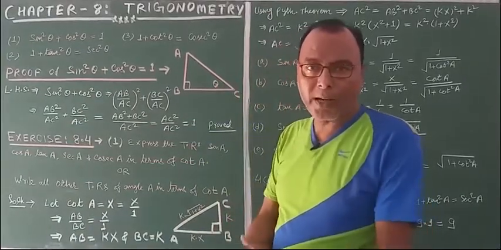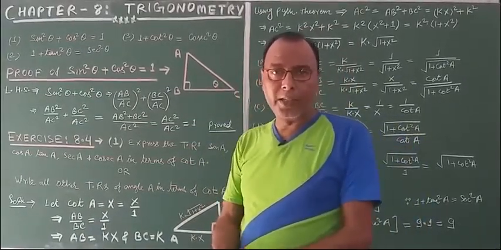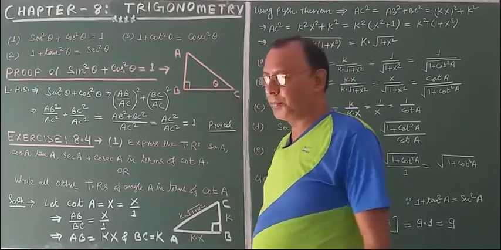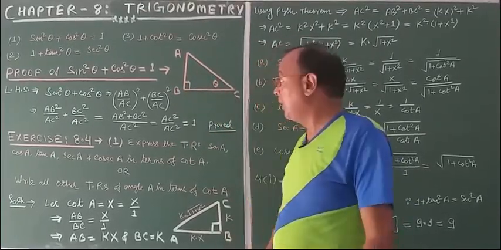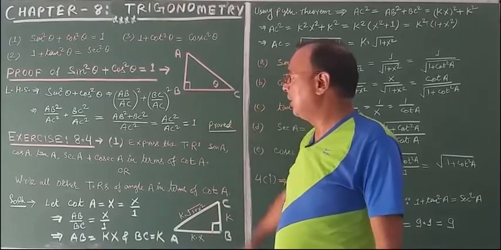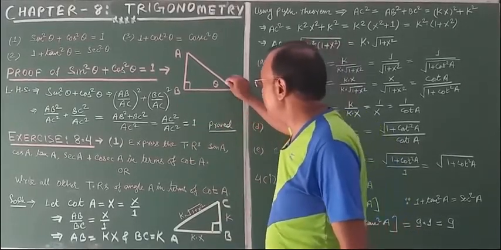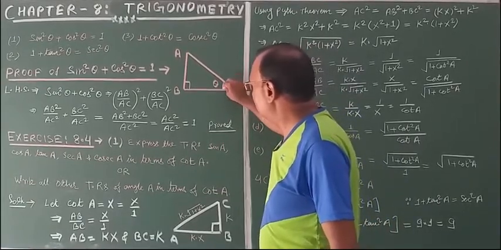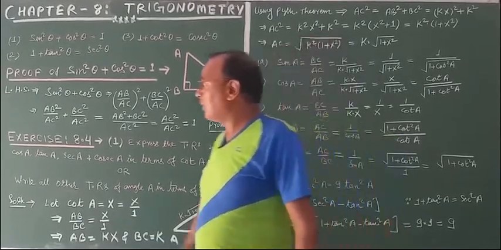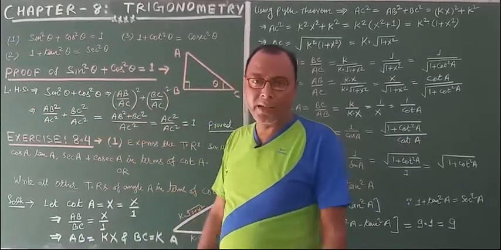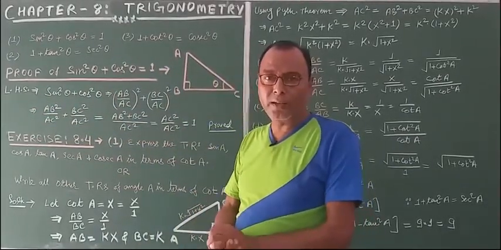How we will prove this identity? So for this, let us consider this triangle ABC, in which angle B is 90 degree and angle C is theta. Now take the left hand side of the identity, that is sin square theta plus cos square theta.